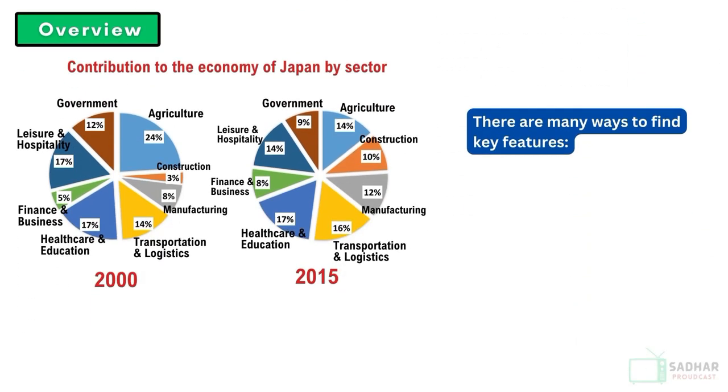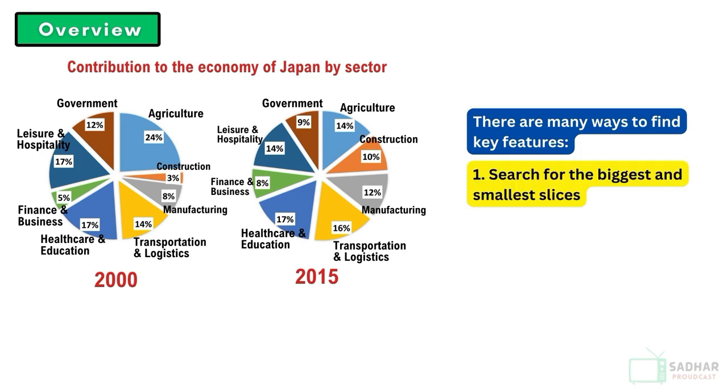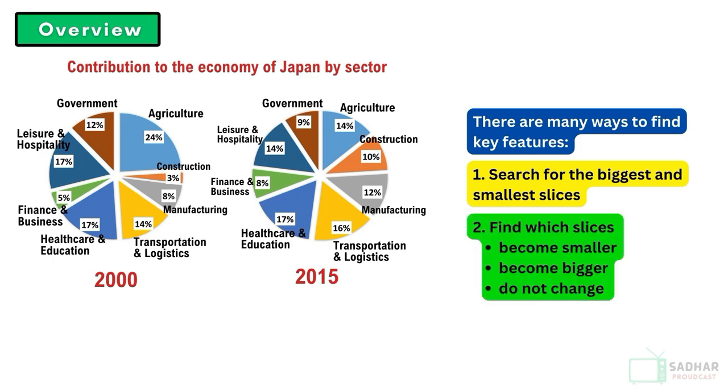In fact, there are many ways to find key features from the chart. Number 1, for example, search for the biggest and smallest slices, the biggest and smallest sectors. Number 2, find which slices become smaller, or slices which become bigger, and slices which do not change.